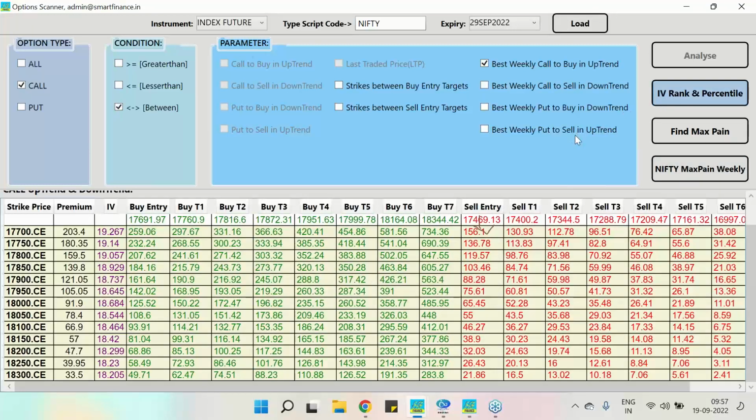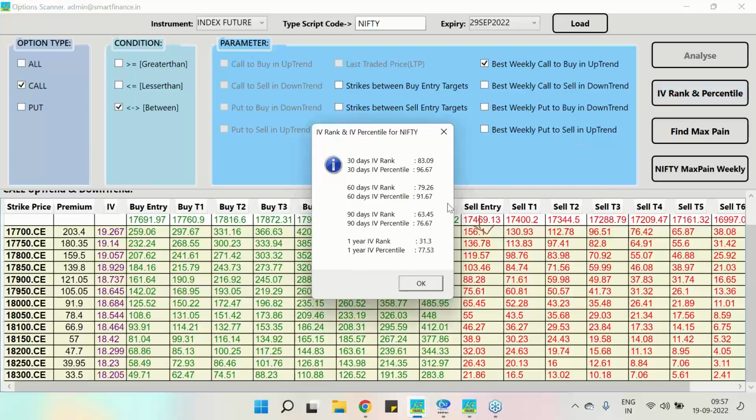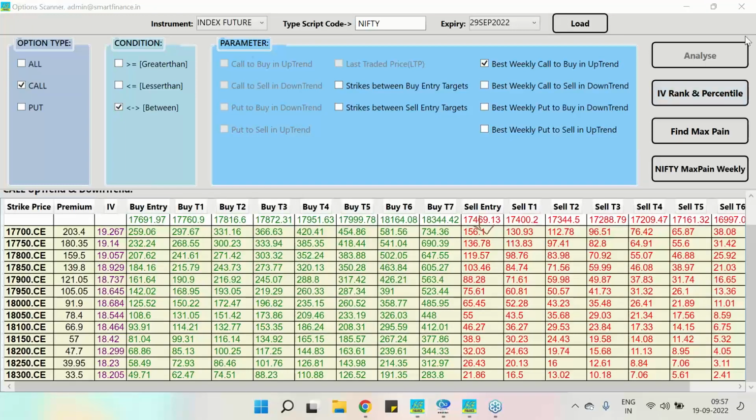So IV rank and IV percentile it also has. I have explained that it will allow you to know which kind of strategy you should take, meaning whether you should gain from IV growth or from IV decay. If your IV rank or IV percentile is low, you should form a strategy to gain from IV increment.